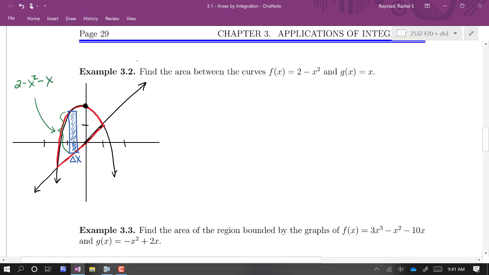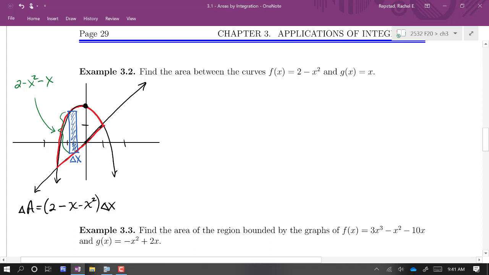And we can put together now the area of the sample rectangle. Our delta A, length times width, is 2 minus x squared minus x, and I'm writing it that way just so my terms are in ascending order, but you can obviously write those terms in any order you like. So there's length times width.